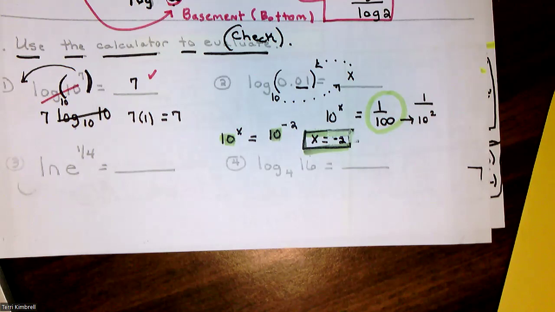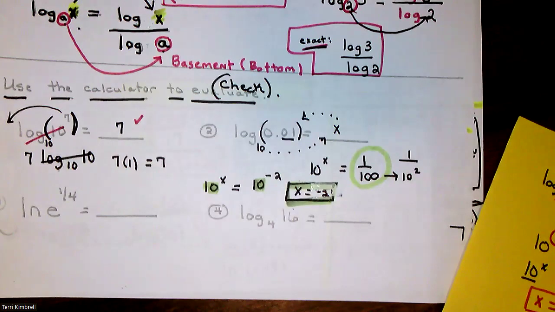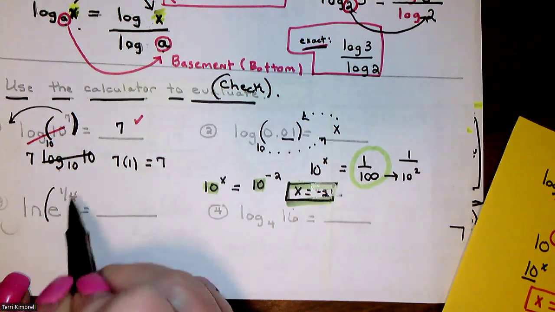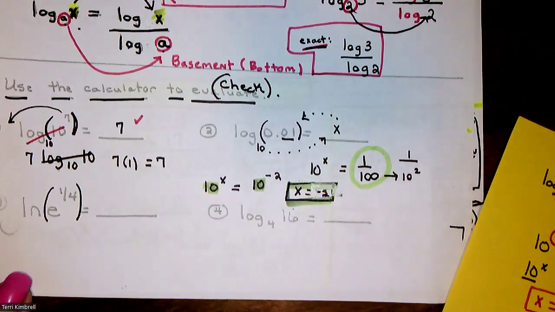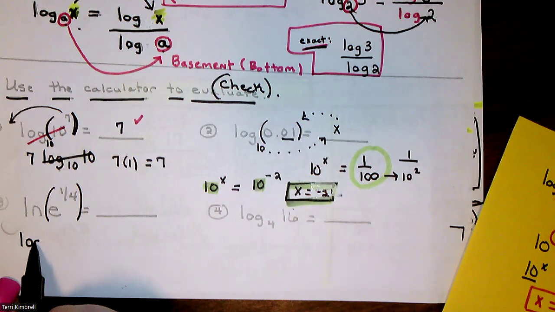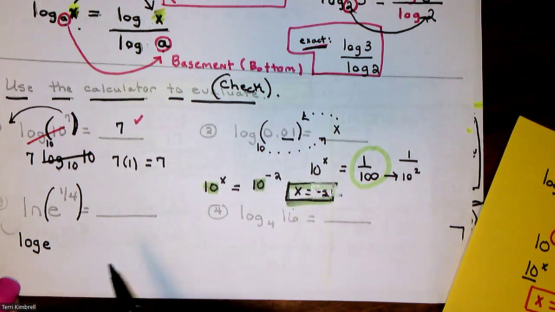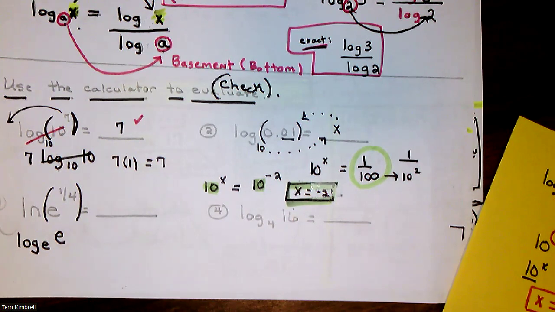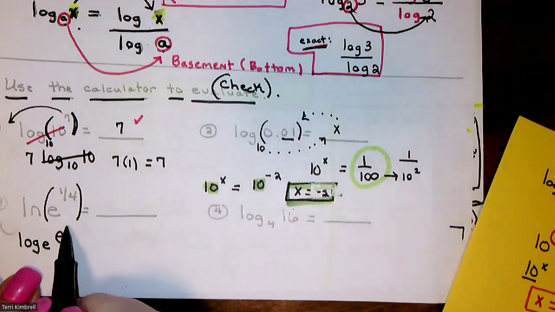Okay, so we have Ln. So remember that Ln and E are inverses. So let me go ahead and enclose this. Okay, so when I look at the Ln, if you remember from a minute ago, that can be written as log base E of E to the 1/4.